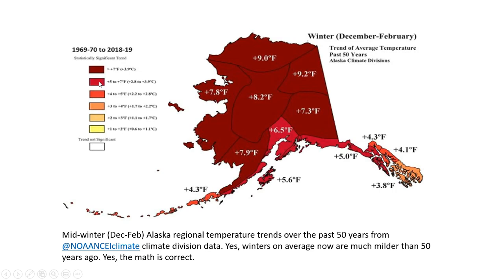But there you have it. Fairbanks is in this locale, so this region here, the Middle Tanana Valley and so on, saw 8.2 degrees Fahrenheit warmer from average.